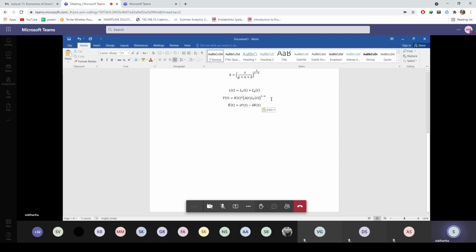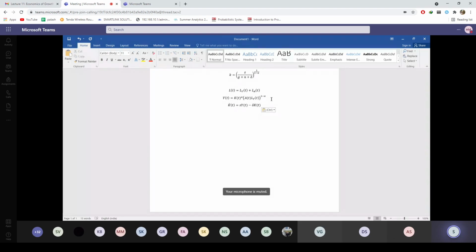Now, is it a constant return to scale production function? Three different inputs. So the production function can be written as KT to the power alpha, AT to the power 1 minus alpha, LYT to the power 1 minus alpha.